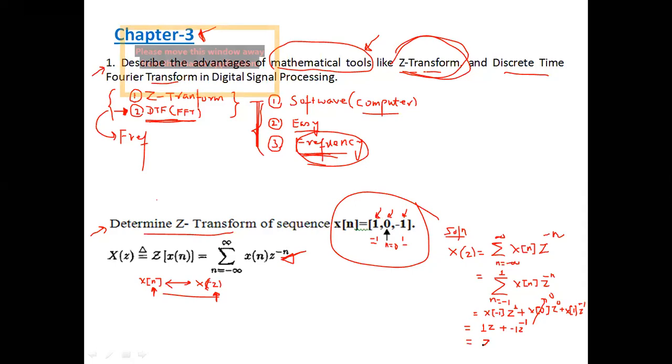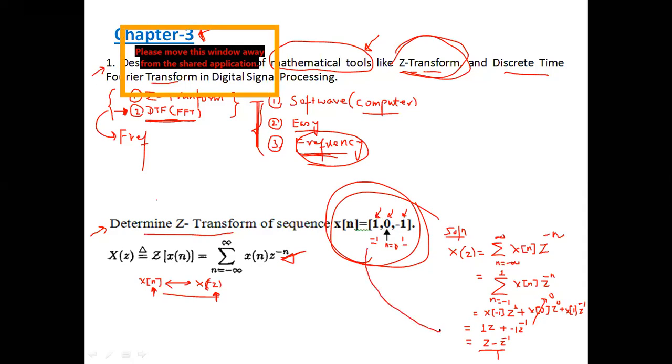So this will be z minus z to the power of -1. This is our Z transform. We transform this discrete time signal from time domain to frequency domain. What we call it, X of z. Okay. Any question?